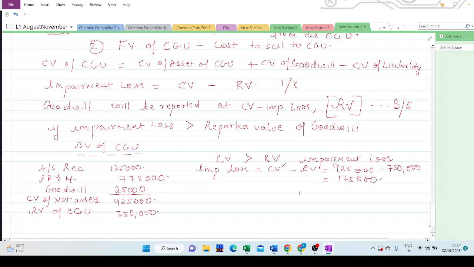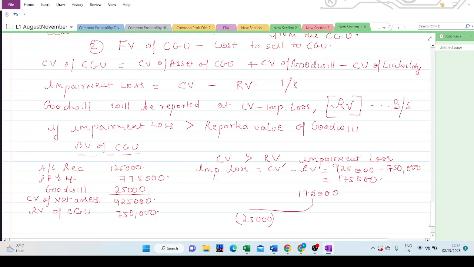Now this 1,75,000 impairment loss would first be allocated to goodwill. Right, goodwill is reported at 25,000 in my balance sheet. So my goodwill will reduce from 25,000 to 0. Goodwill will absorb 25,000 worth of impairment loss.